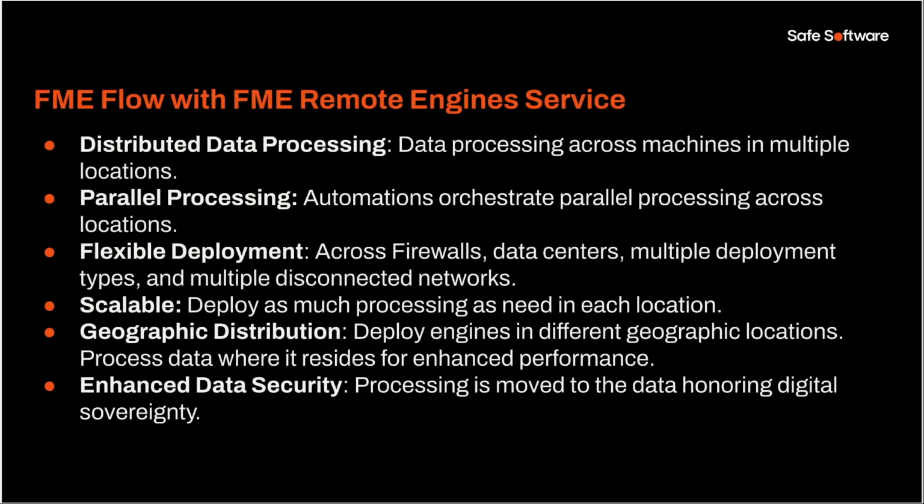You're getting geographical distribution, so now you can put them wherever you want and deal with each individual environment and its requirements, instead of having one unit that has to deal with everything. And of course, because of that, you're going to get enhanced data security.